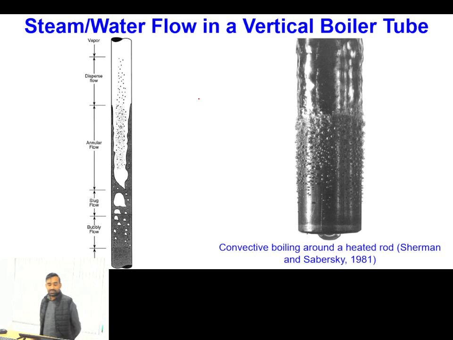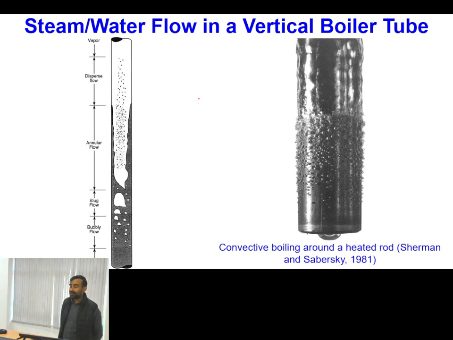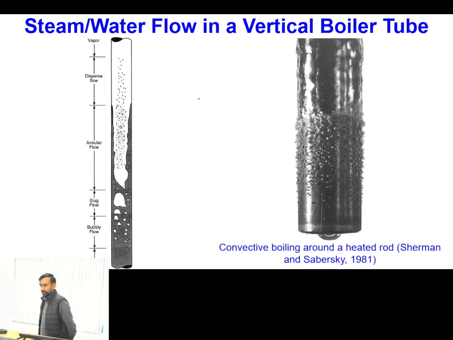So whatever discussion we have done was for adiabatic regimes. Now let us briefly talk about the flow regimes inside the tube where a phase change phenomenon is happening. I will be briefly discussing this at the moment, because as we have decided, in the module of special lectures we will be mostly talking about phase change heat transfer.